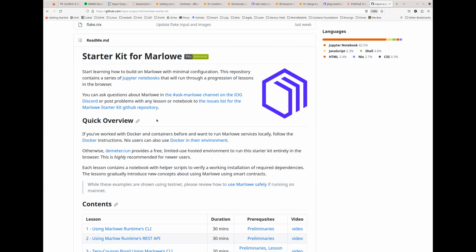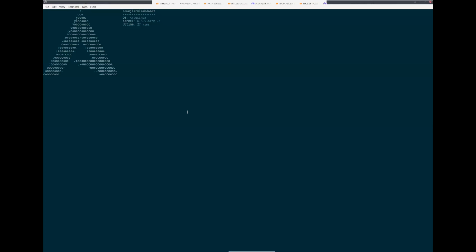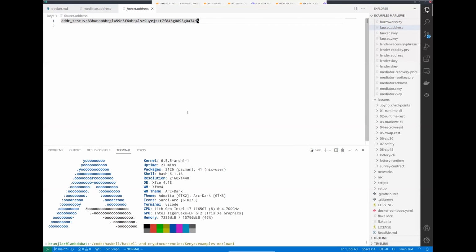So let me just switch to, unfortunately my computer crashed earlier, so now I have to run that again. I basically followed those instructions yesterday and set everything up.